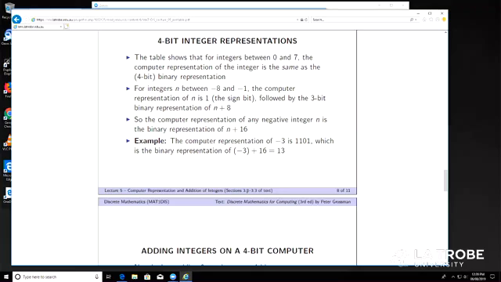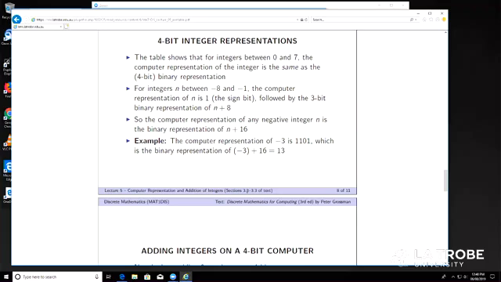I would get 1010, right? And that's also negative 6. Which is negative 6. That's also 10 if you were to do it from 0. 10 is not allowed in 4 bits. So when you add these two numbers on a 4-bit computer, you will get an error, because this number is not allowed.